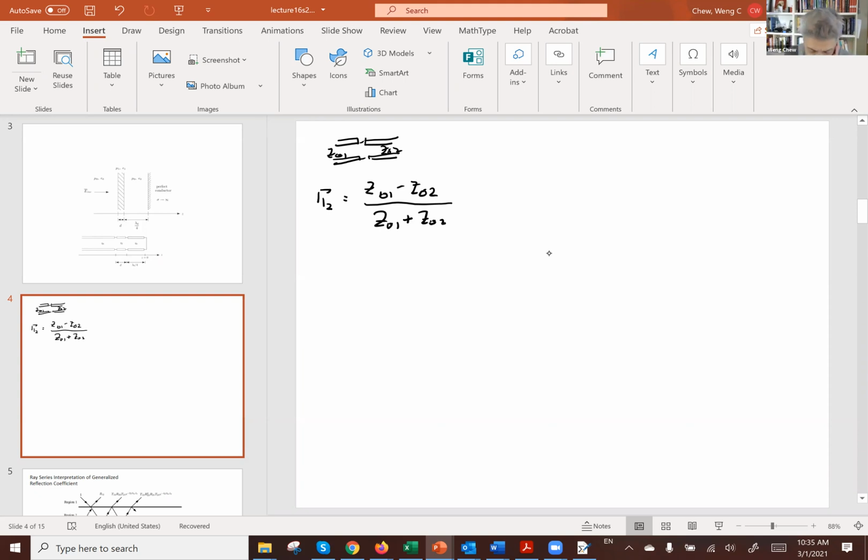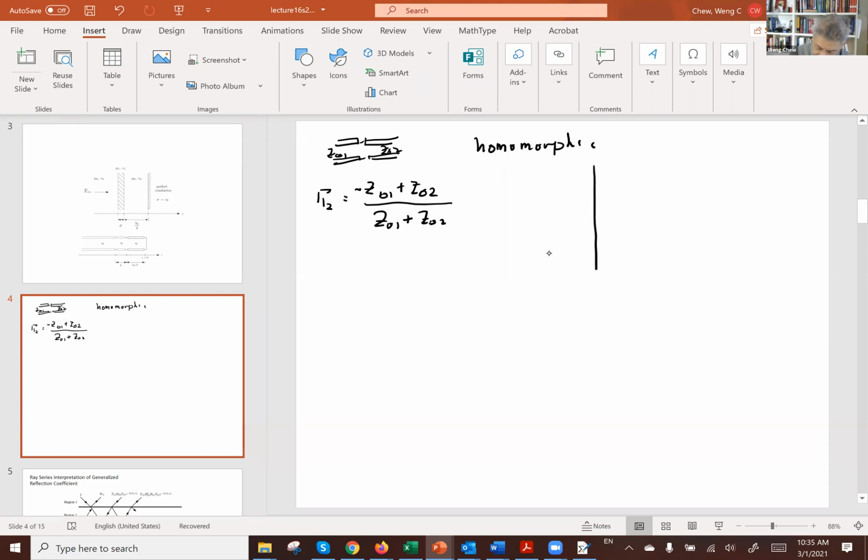I believe the minus sign should be here, because when I make Z02 equal to 0, I should get a negative reflection coefficient. We can say that this problem is homomorphic. We use the concept of homomorphism.